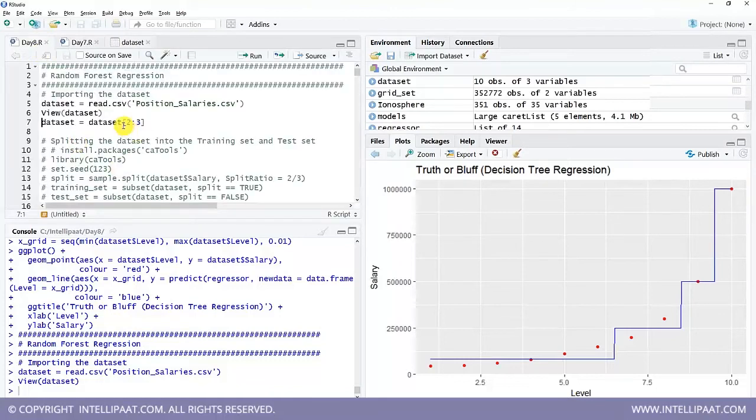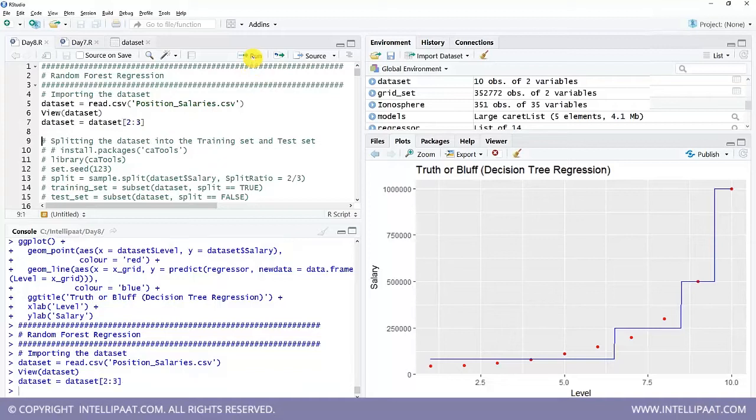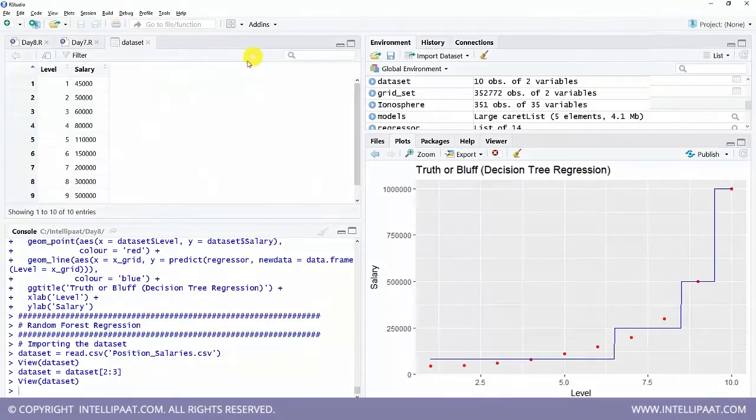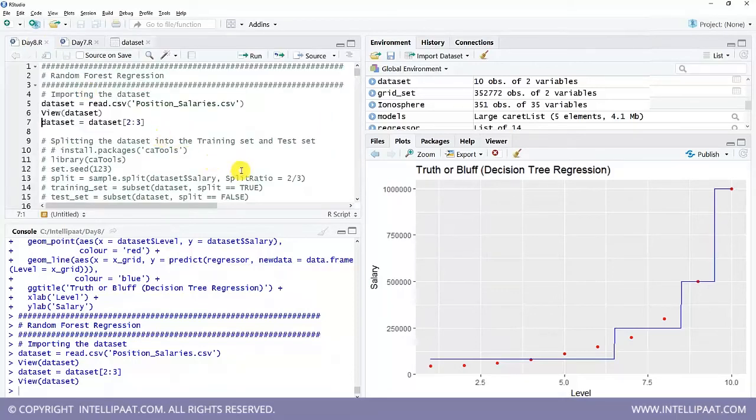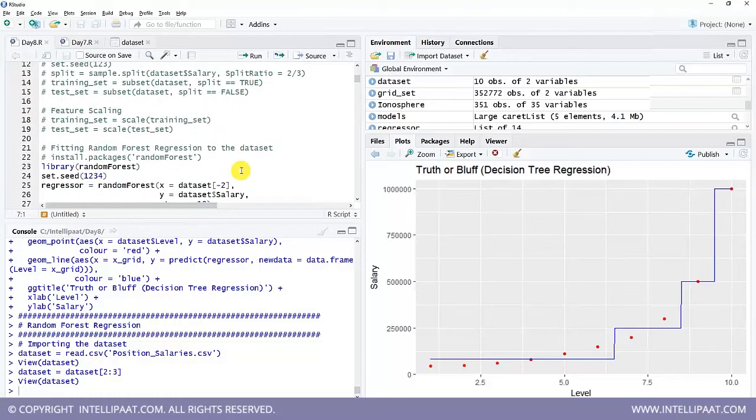So we subset the data frame and store it in the variable called dataset. We just picked column number 2 and 3, that is level and salary. If you see the data set now, it will be only level and salary, just as we did for decision tree regression.